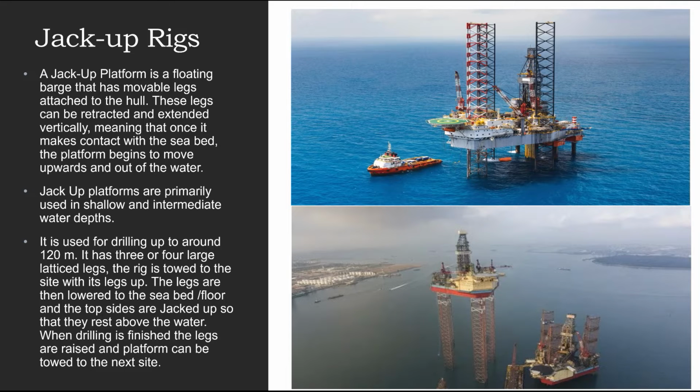This is not the depth of the sea, this is the depth of the drilling, up to 120 meters. You can see in this picture the raised platform where the legs are lowered down, and when it has to move from one place to another, the trusses are raised up again and it is towed by the tugboat.